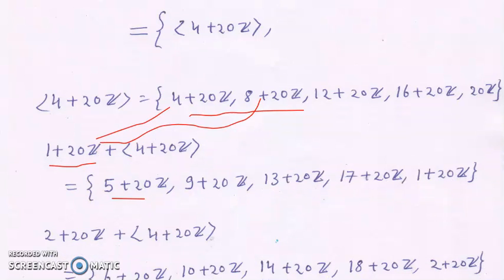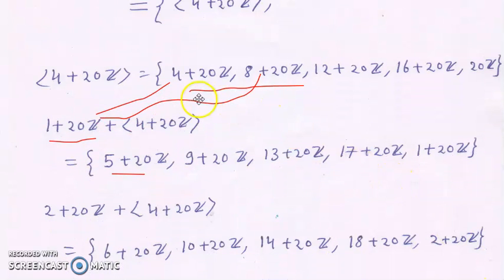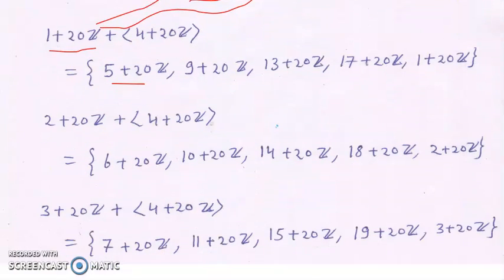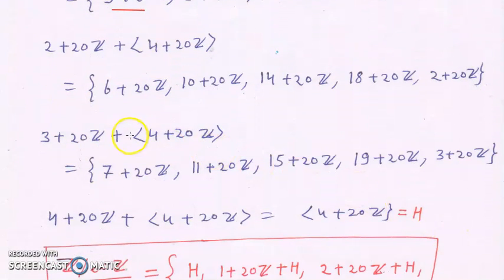Now 2 plus 20Z is not present in these two cosets, so it will give us another coset. Similarly 3 plus 20Z is not present in any of these cosets, so it will give us another coset. And similarly, 4 plus 20Z gives us 4 plus 20Z.